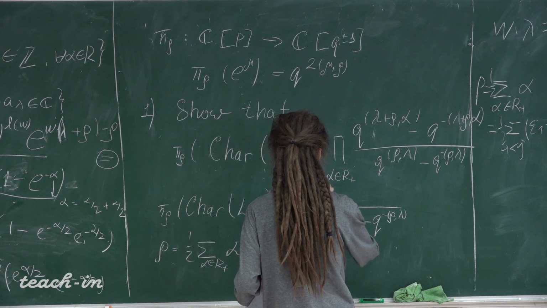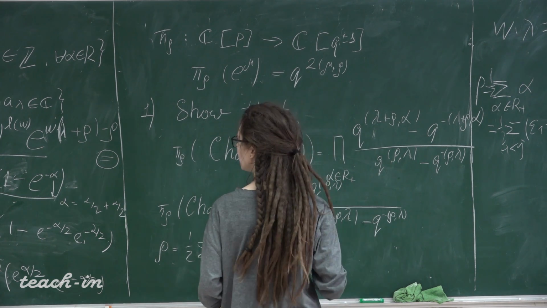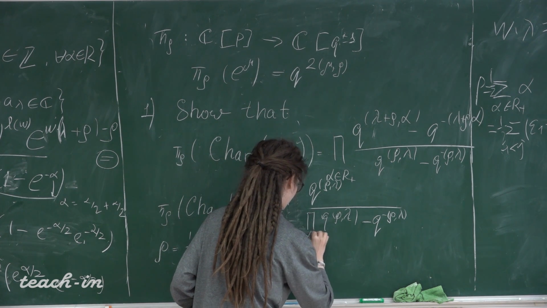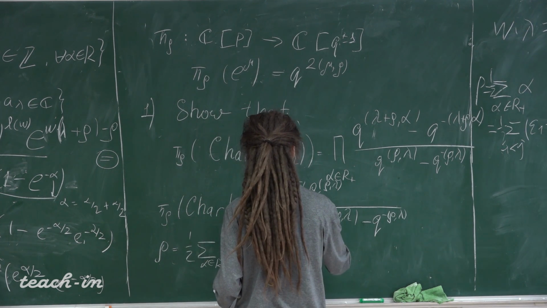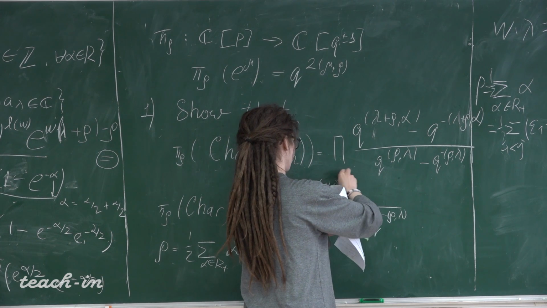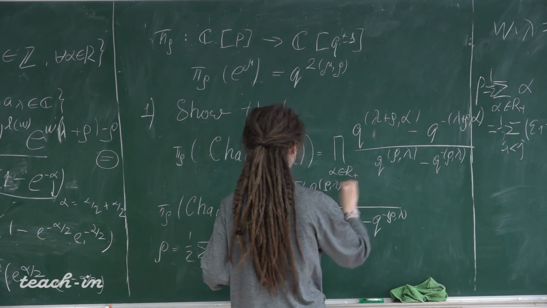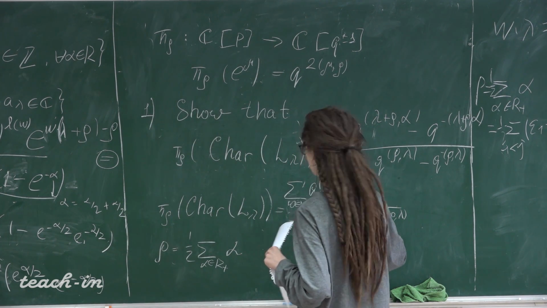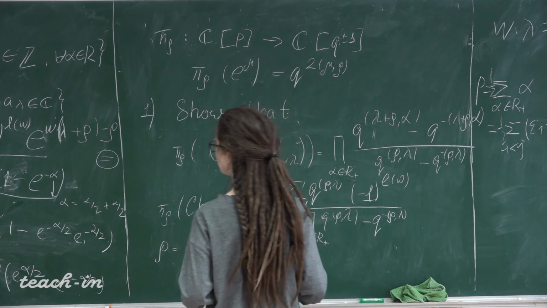It will be q to the lambda, and here it will be the sum, still the sum. After applying the homomorphism it will change.